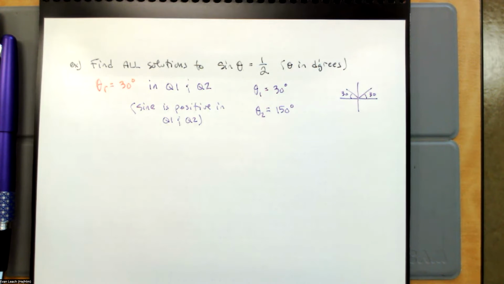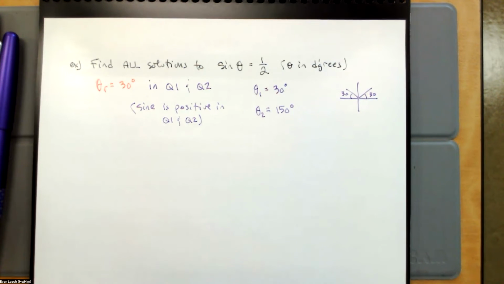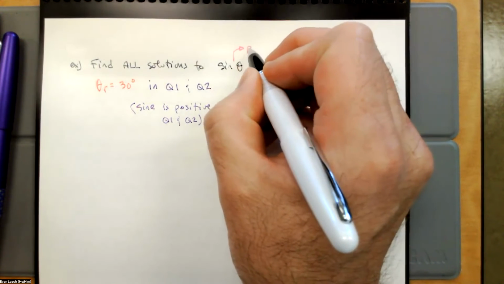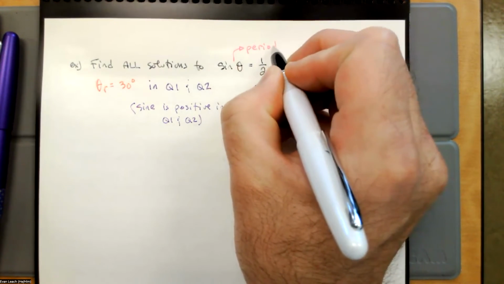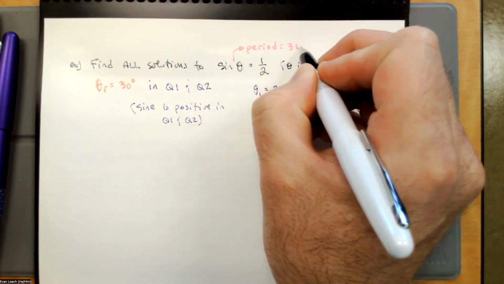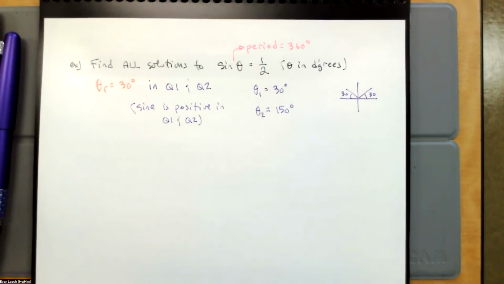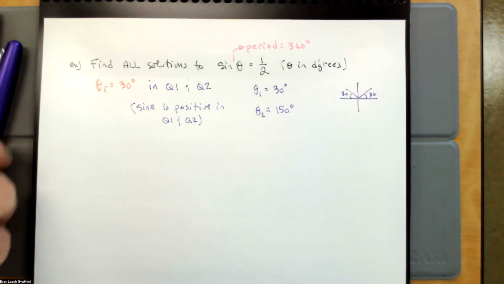Next, we note that the period of sine of theta is 360 because there's nothing in front of the theta. The way I add integer multiples of 360, I'll just say plus 360 times k, add integer multiples.